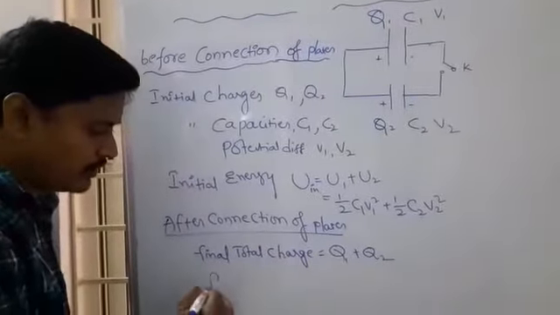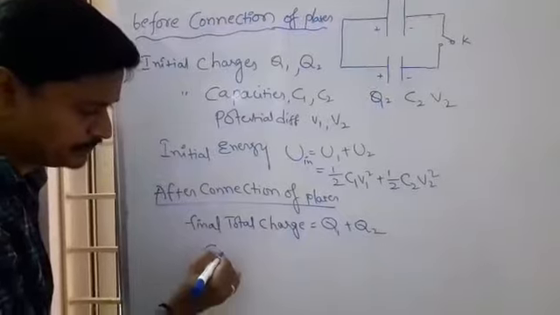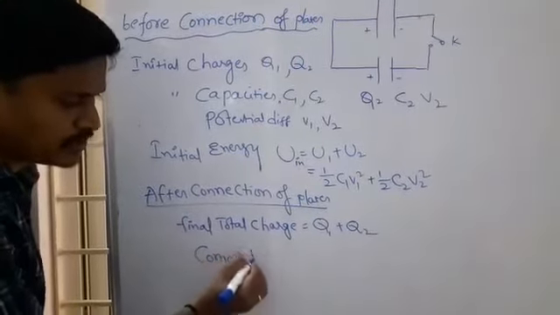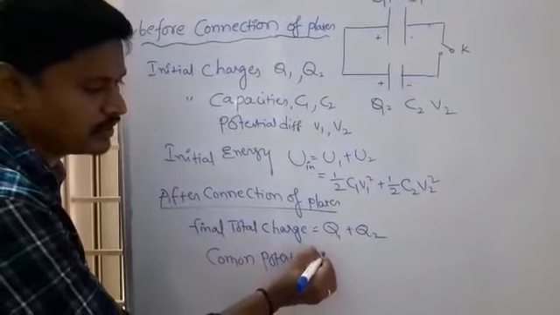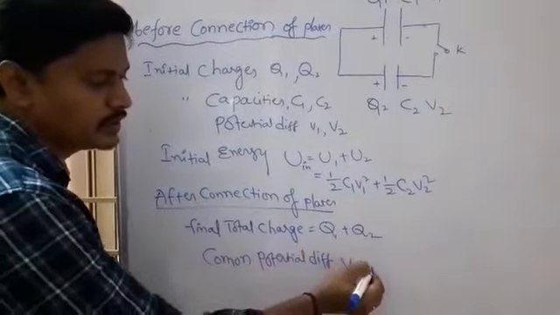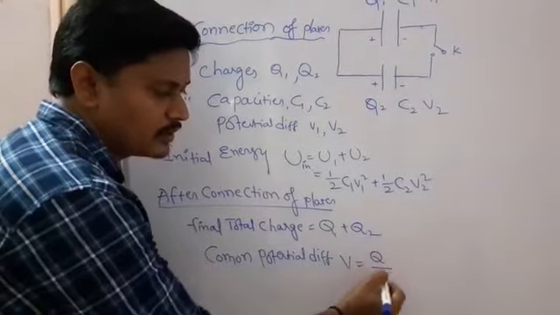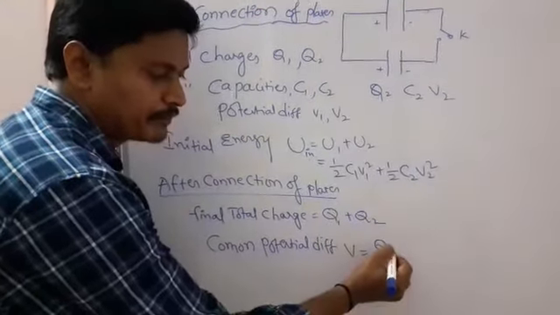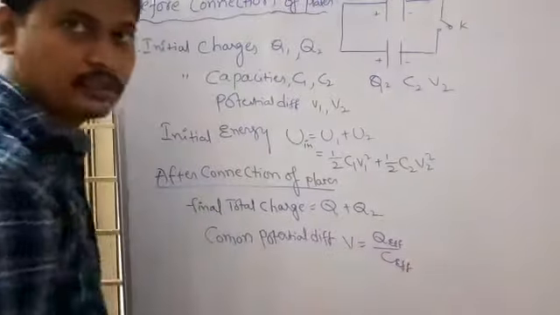Then the final common potential difference, that is V, is equal to total charge by total capacity. This is effective charge by effective capacity.